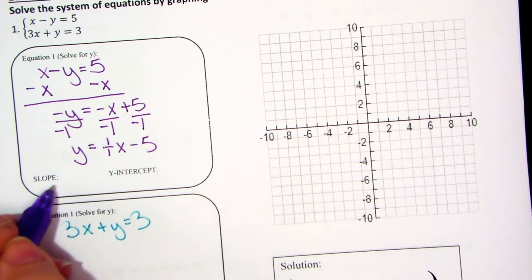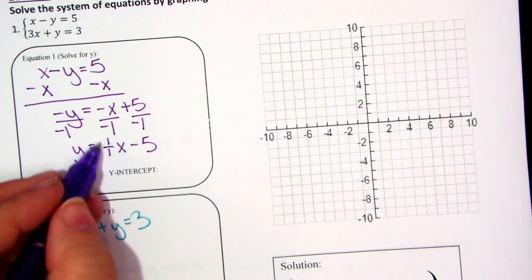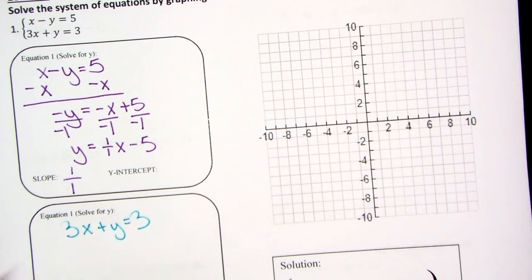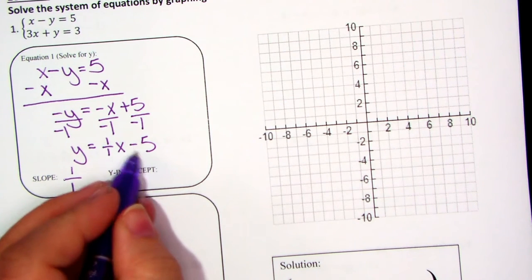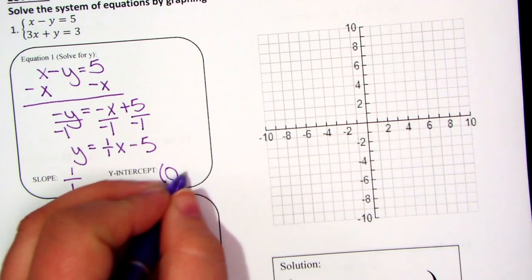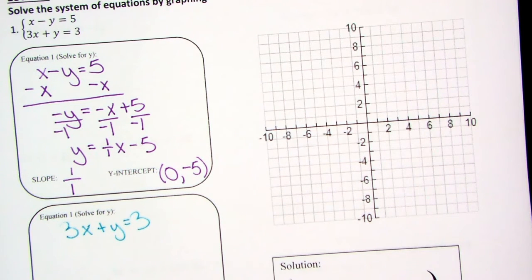Let's go ahead and identify what's the slope and the y-intercept. So the slope is always the number in front of the x. It's 1 over 1. The y-intercept is the number all by itself. So 0, comma, negative 5. And I'm going to go ahead and graph that line on this plane.